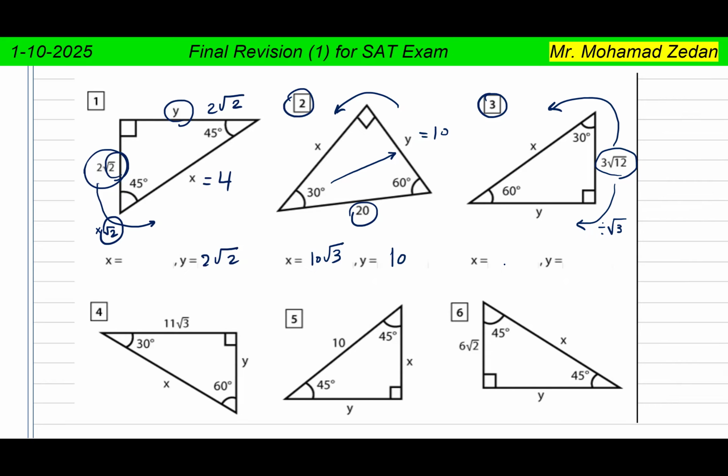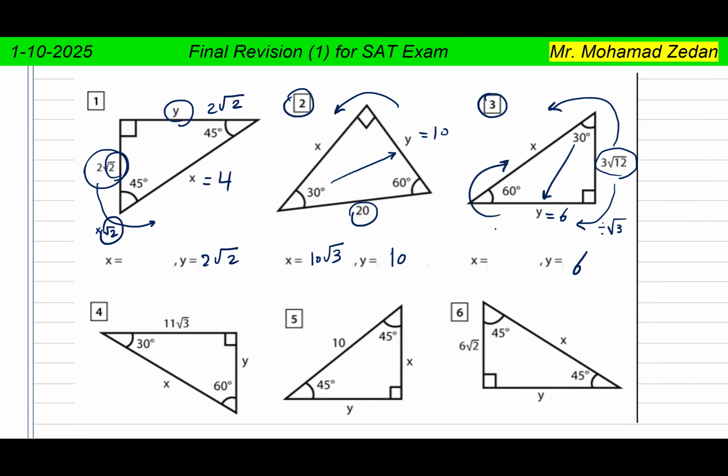Who can divide and tell me? 3 radical 12 divided by radical 3. Use a calculator and solve. 6. Very good. Correct answer. Y is equal to 6. The shortest side is 6.